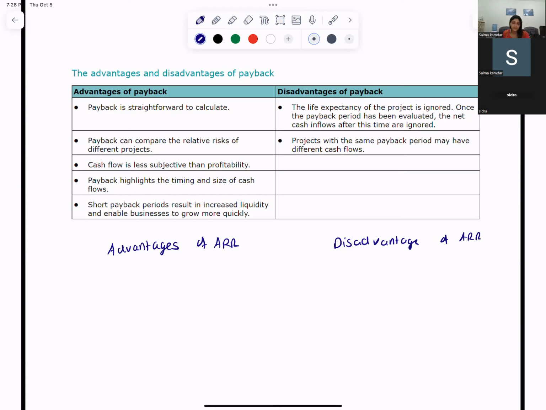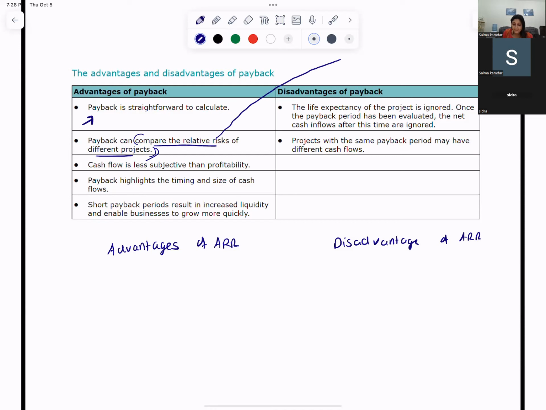Very good. Advantages and disadvantages of payback period. Payback period advantages: straightforward to calculate, easy to calculate, and it compares the risk of different projects.